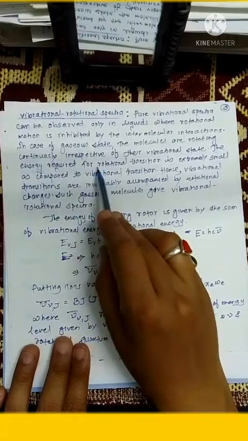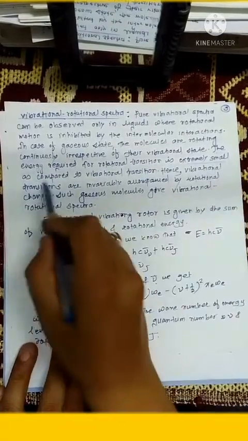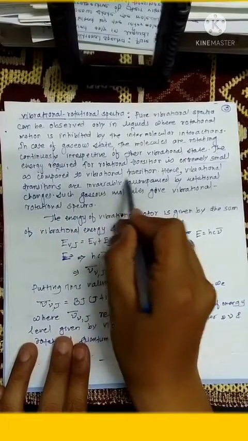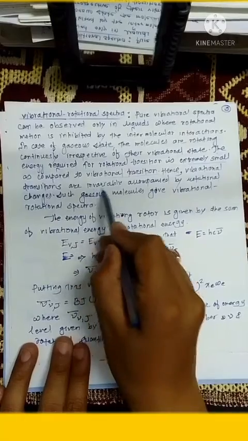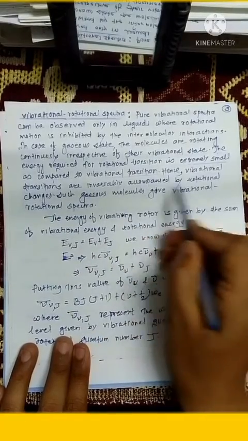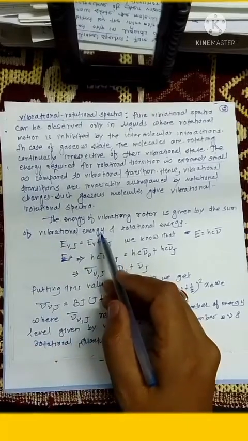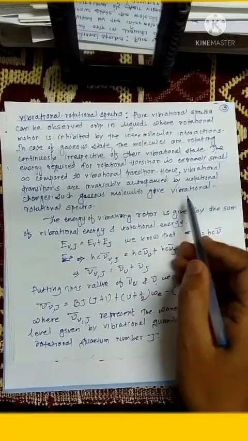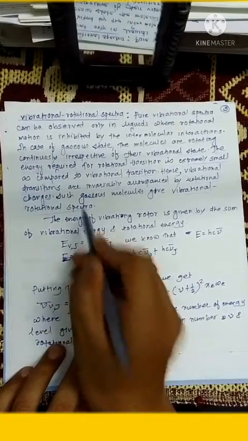The energy required for rotational transition is extremely small as compared to vibrational transition. Hence, vibrational transitions are invariably accompanied by rotational changes. Such a gaseous molecule gives vibrational rotational spectra.